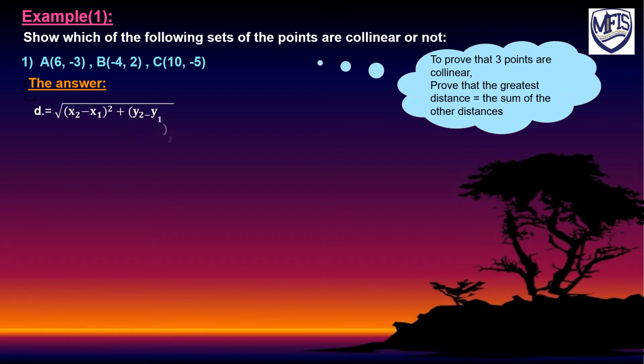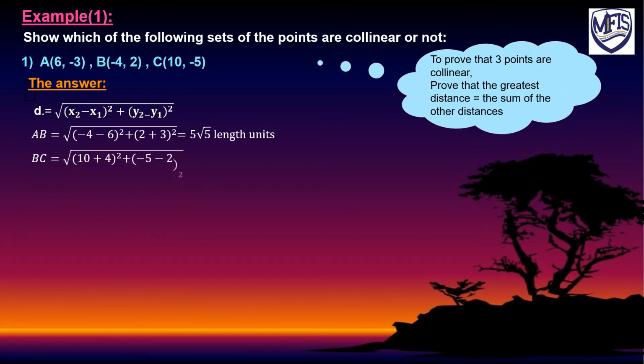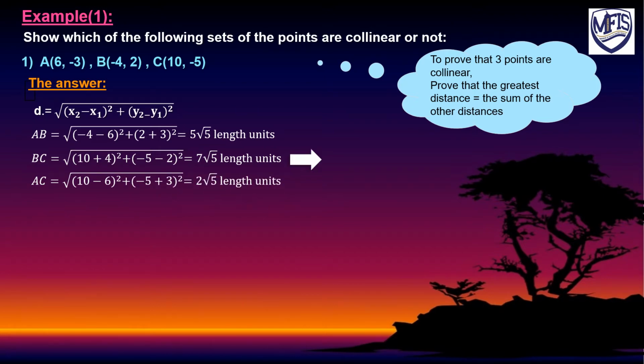Then I will find AB, BC, and AC. AB equals 5 root 5 length units. BC equals 7 root 5 length units. AC equals 2 root 5 length units. Then I will compare the greatest distance and the sum of the other distances.